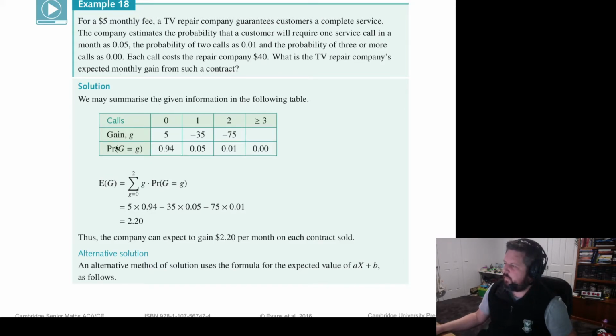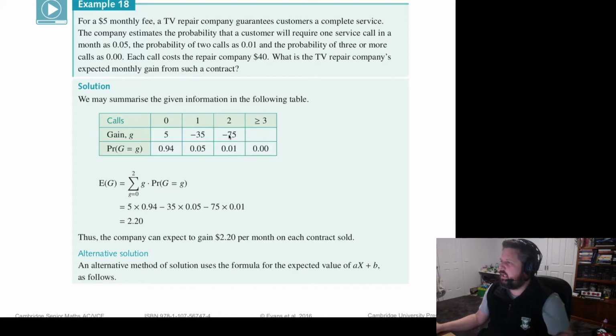So what we're listing here is, if they've got 0 calls, they're going to make that $5, no problem. If there's 1 call out, it's going to cost the company $40, but they got the $5 from the customer anyway, so they're at a loss of $35. If there are 2 call outs, it's the same as that, but with another $40 off, so it's negative 75.